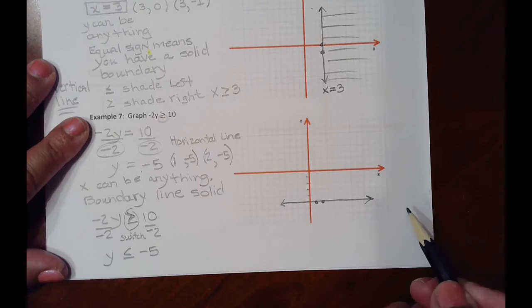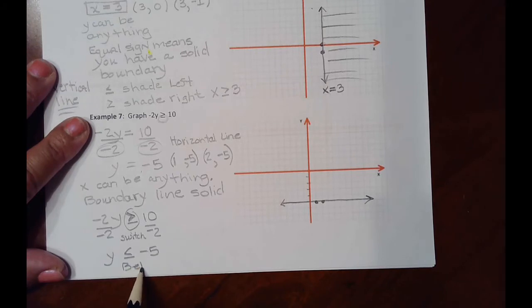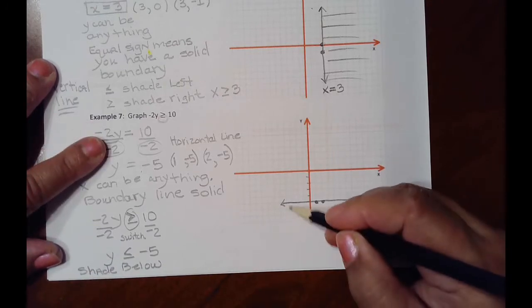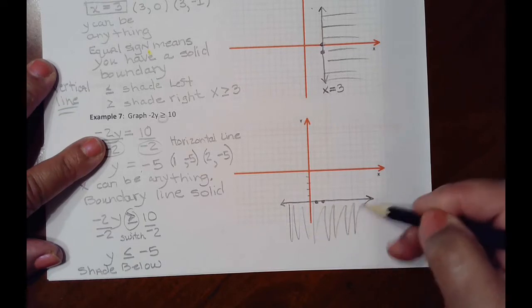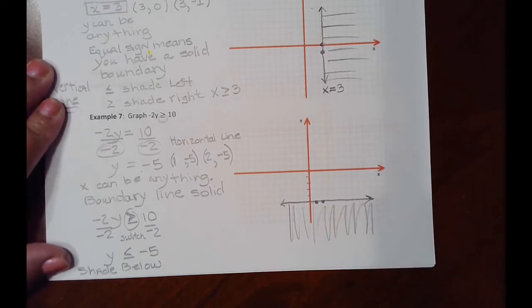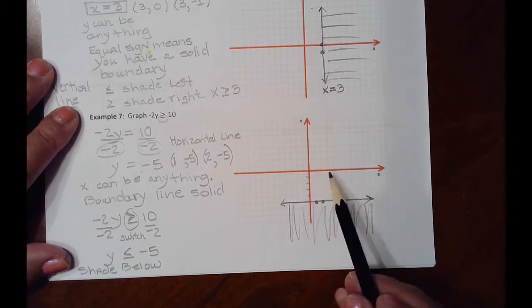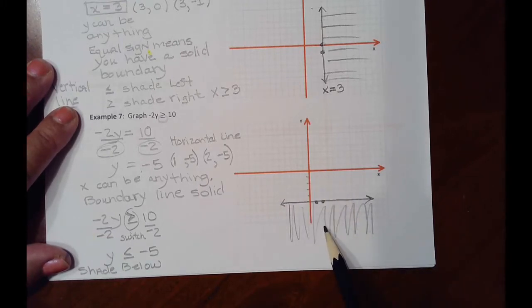So we already have the line y equal to -5. Less than means shade below. And if it was greater than, you would shade above. Okay, so anything down here is considered a solution. So if somebody was to say to you, is 2, -10 a solution?